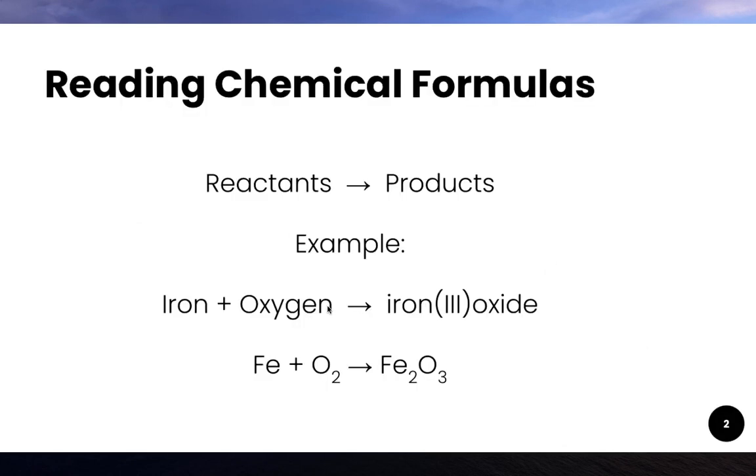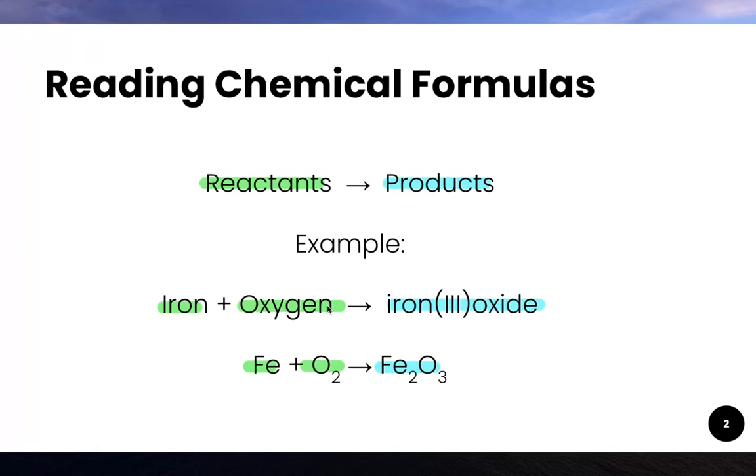As a review, I would like to go over how to read a chemical formula. We covered this a little bit last semester, but let's go over it one more time. You start with the reactants on the left. Those will react together to form products.